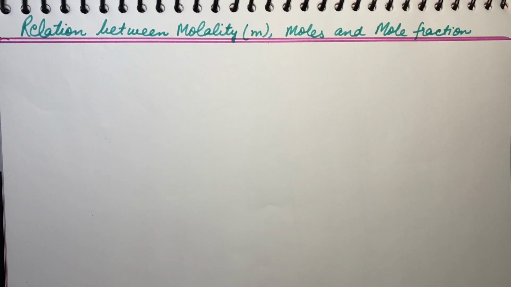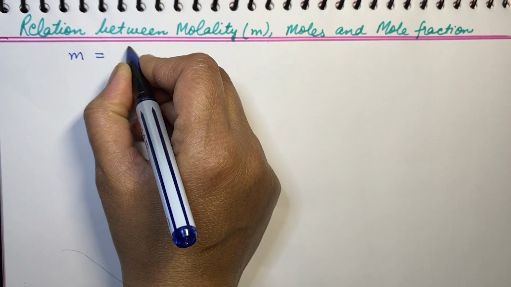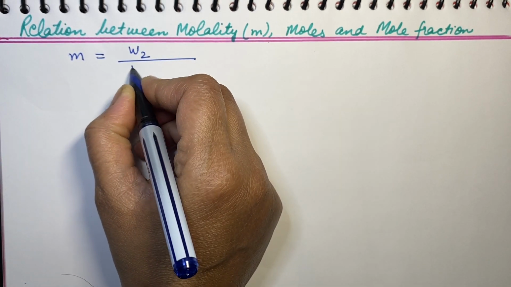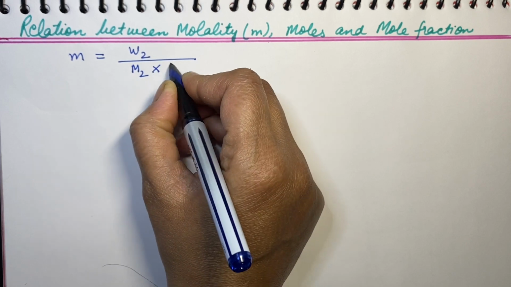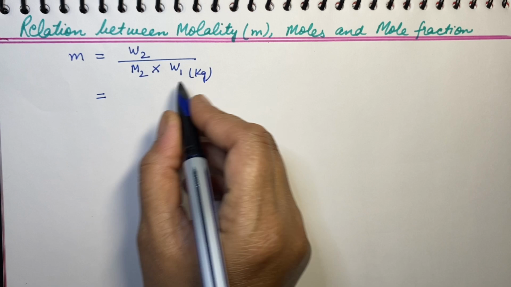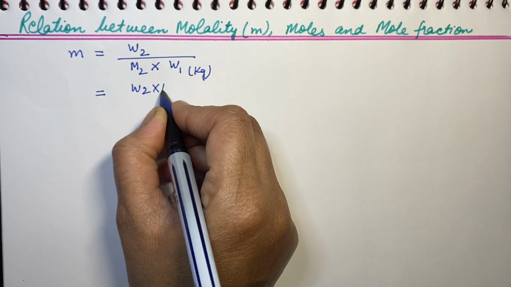See the relationship between molality, moles and mole fraction. Molality is the weight of the solute divided by the molar mass of the solute, multiplied by the weight of the solvent in kg. If you don't want to take it in kg, just multiply by 1000.